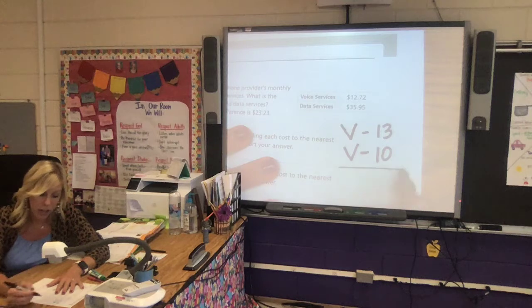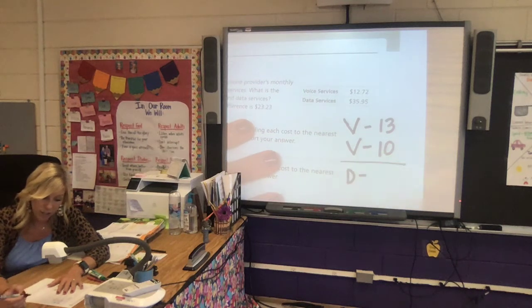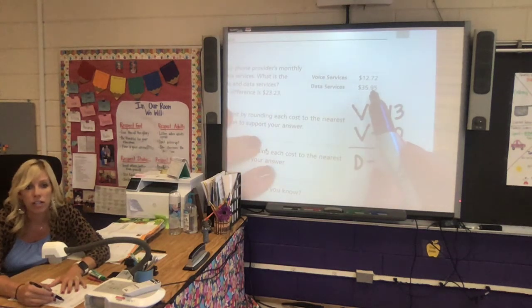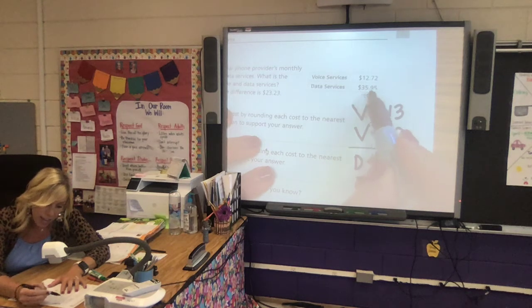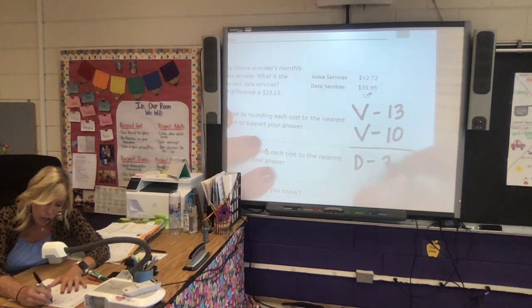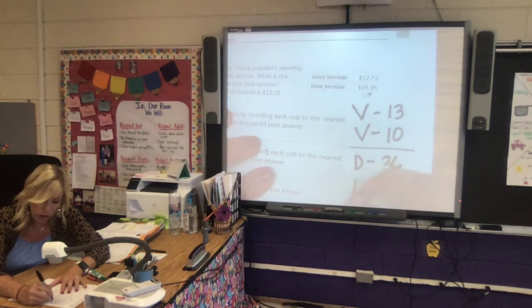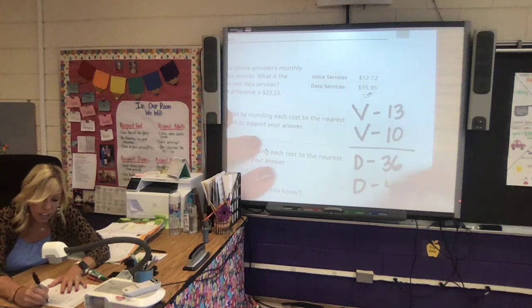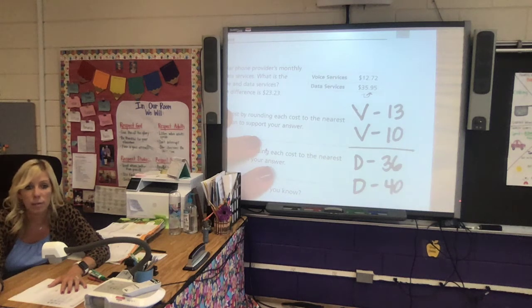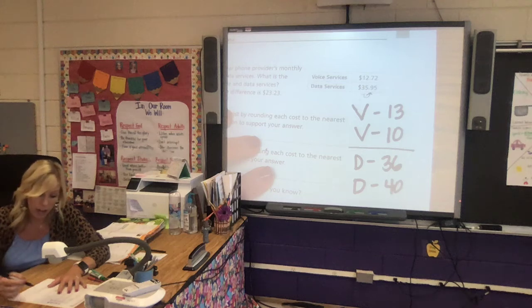Doesn't matter. Then let's look at the data. If you're just going to round it to the nearest one, then if I look next door and see that 9, I might round that to $36. But if you're rounding it to the nearest 10, you might say, well, that's about $40. It doesn't matter. It's whatever is reasonable for you. That's the whole point of that.